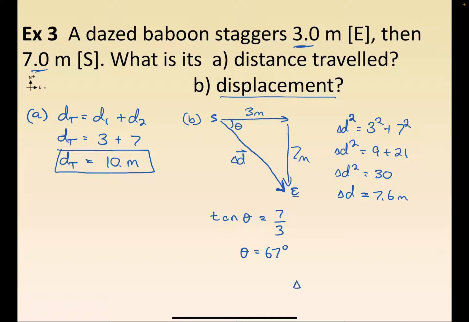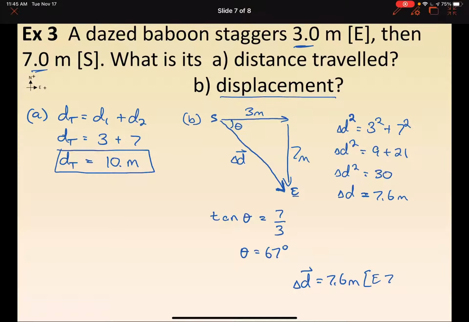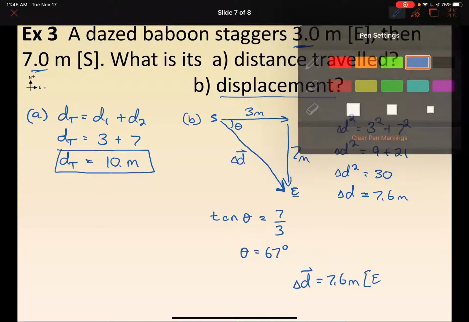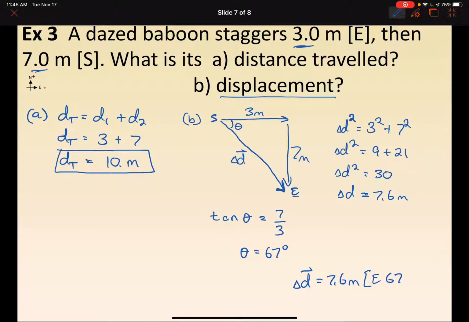And then I can write my final answer with an arrow on top. Displacement, 7.6 meters. This is east, 67 degrees south. Okay, and let's just do a quick direction check here.